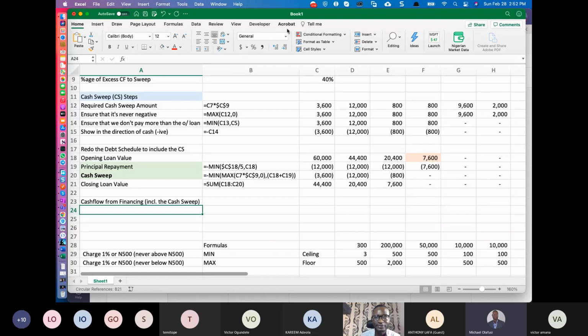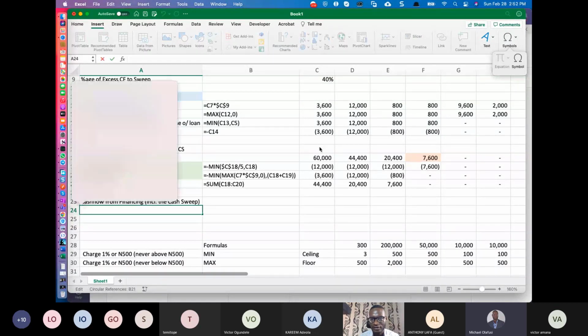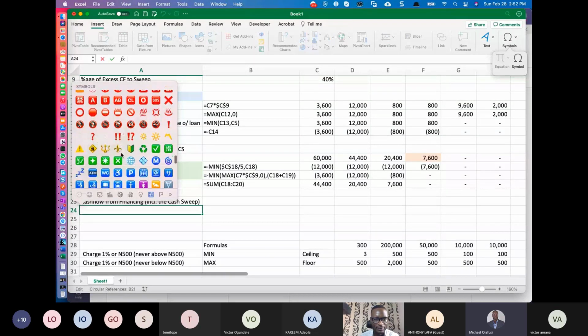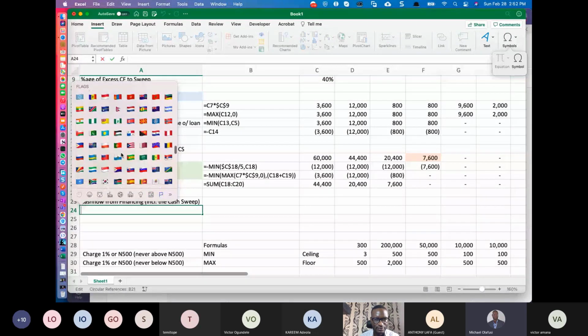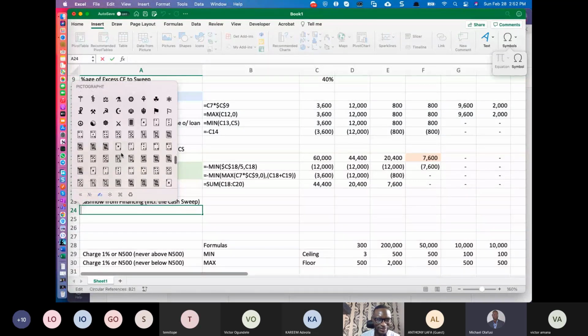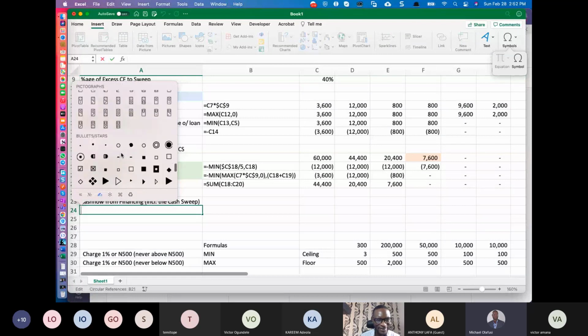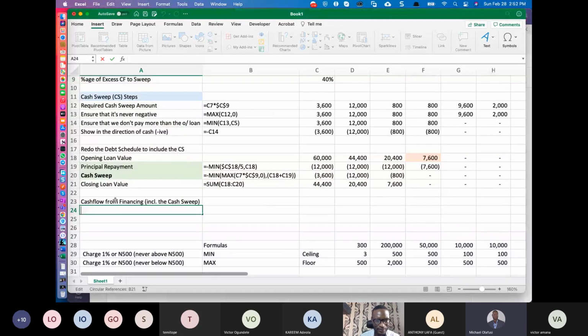Let me go to symbol and add a delta, like a triangle. Sorry, I'm a science student by background. Something like this will do.